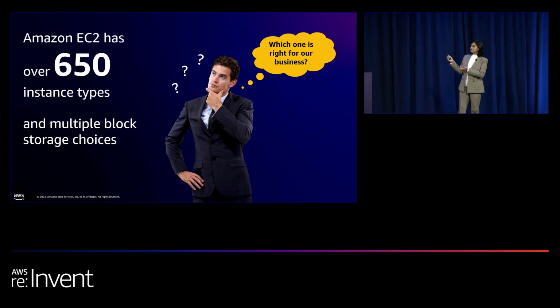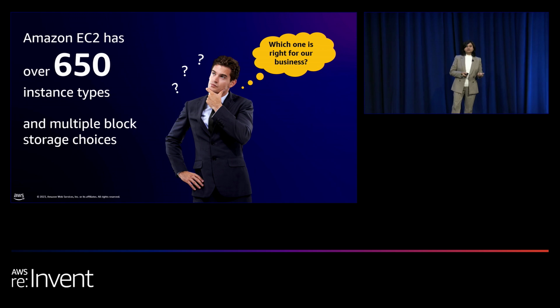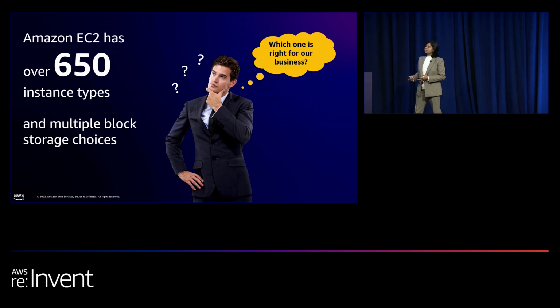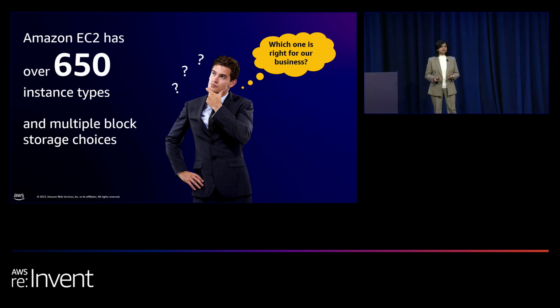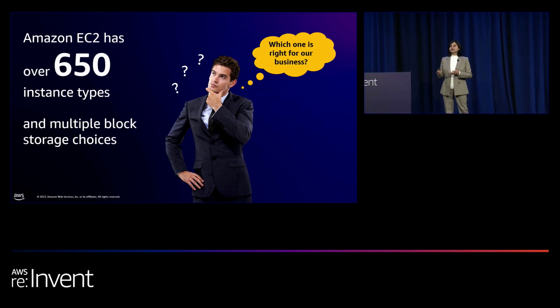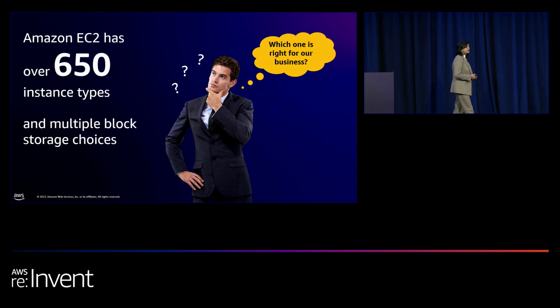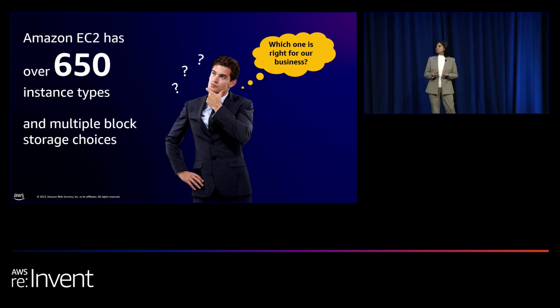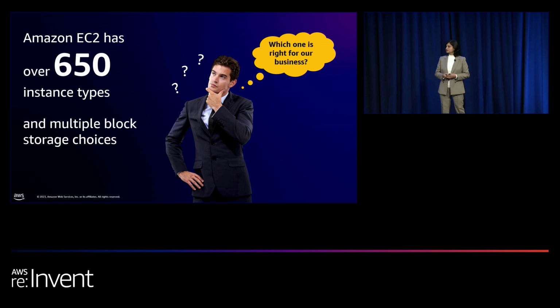We generally hear lots of that kind of feedback, and over many years AWS has heard all these requirements from our customers, and that's how we continued on that path of innovation, trying to cater to customer needs. As a result, Amazon EC2 now has over 650 instance types with different compute, memory, and storage specifications.